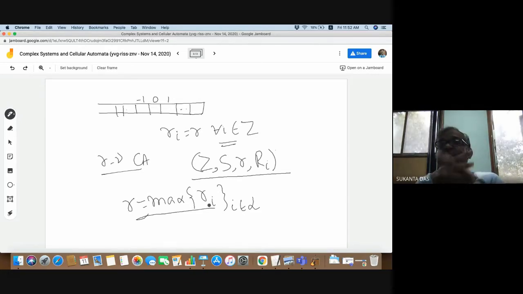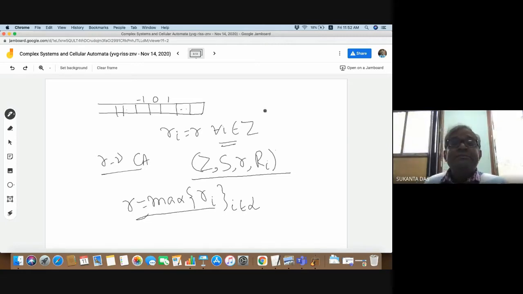Any query? So let me argue that almost all problems related to non-uniform CA, generalized non-uniform CA, are undecidable. I have said also.